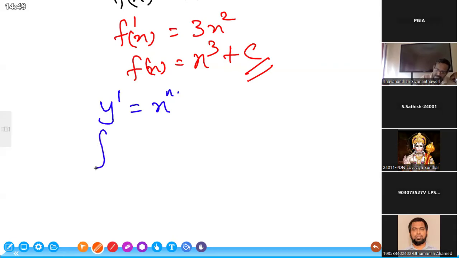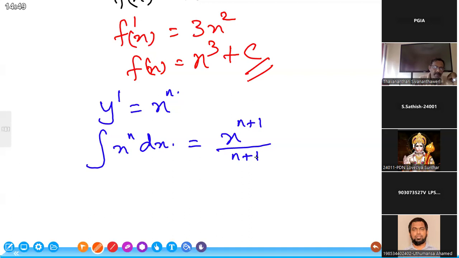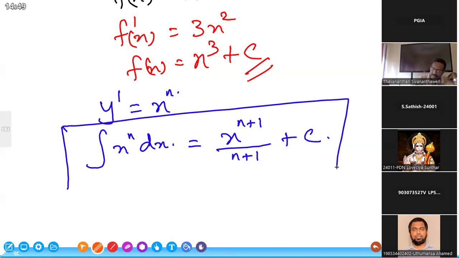Then the integration of x to the power n with respect to x is given as x to the power n plus 1 divided by n plus 1 plus c. So this is the rule, right?